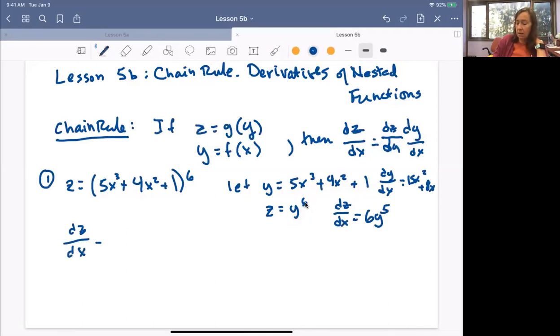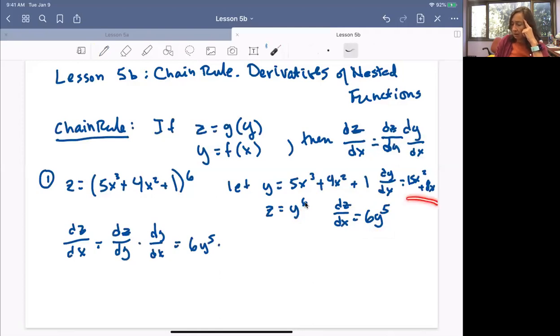So dz/dx is dz/dy times dy/dx, which equals 6y^5 times 15x^2 + 8x.